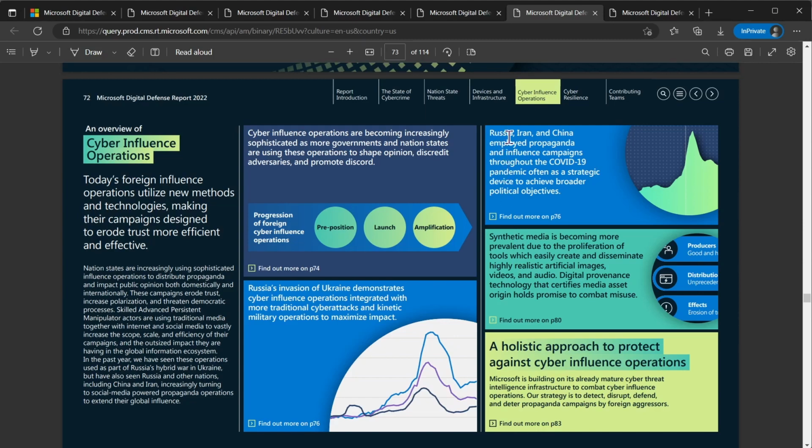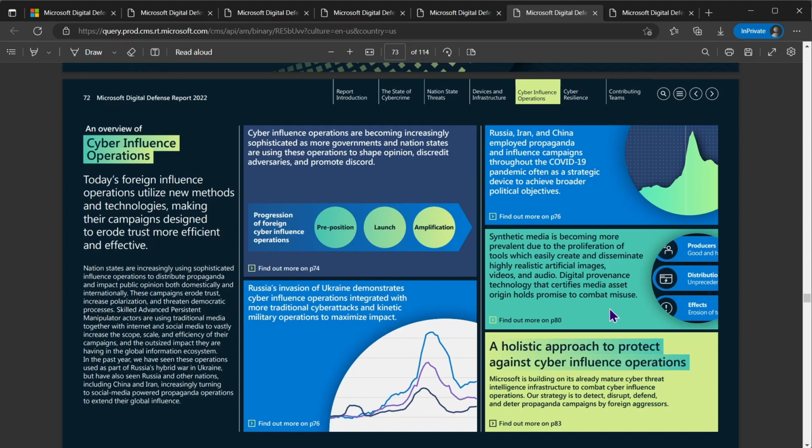Now, other threat actors, other countries, have also employed propaganda against the COVID-19 pandemic, and synthetic media is becoming more prevalent due to the proliferation of tools which easily create and disseminate highly realistic artificial images, videos, and audio.